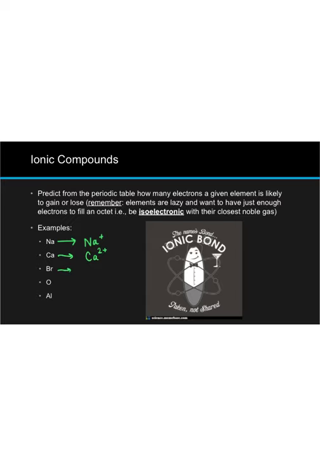Bromine is in the halogens group, upon which we placed a big -1. We expect bromine to form a substance Br-. Oxygen is in a group that has a big 2- at the top. We expect oxygen atoms to gain 2 electrons and form O2- anions. And lastly, aluminum we expect to form 3+ cations.